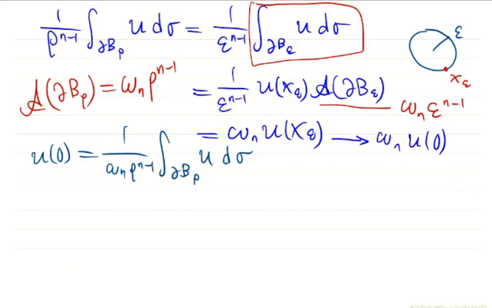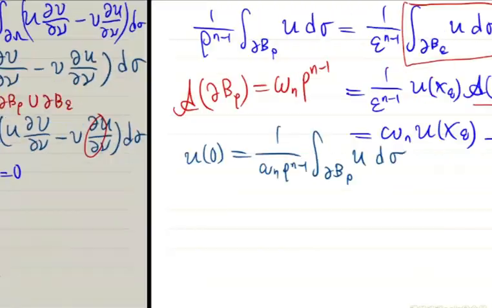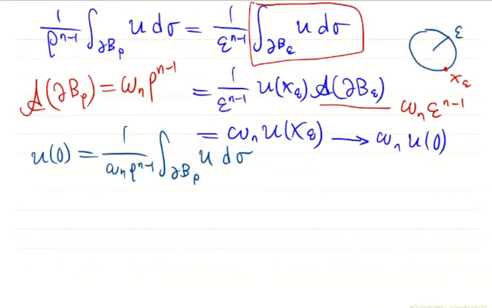But this is still not the result we want to prove. We want to prove the mean value over the ball, not the sphere. What to do? We apply the Euler formula.